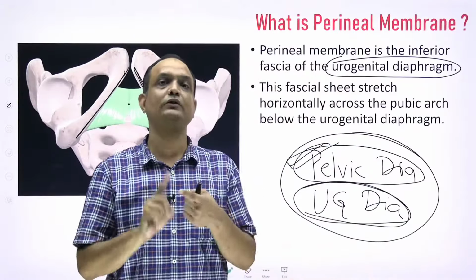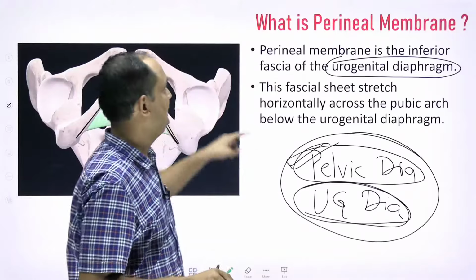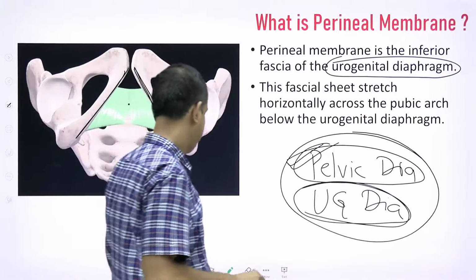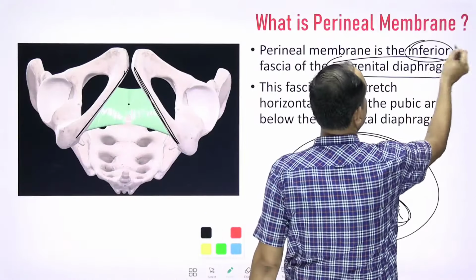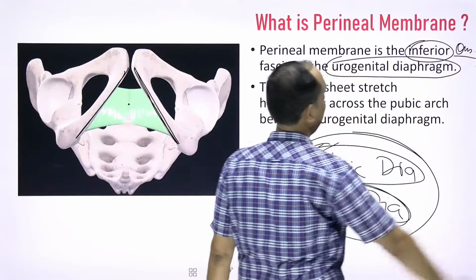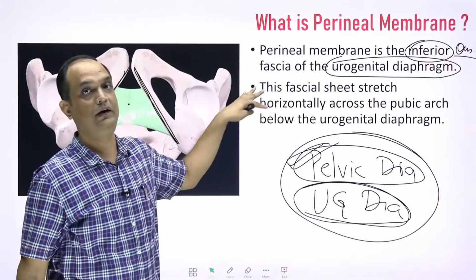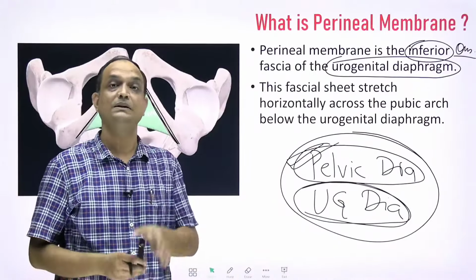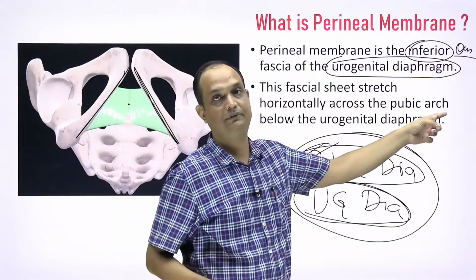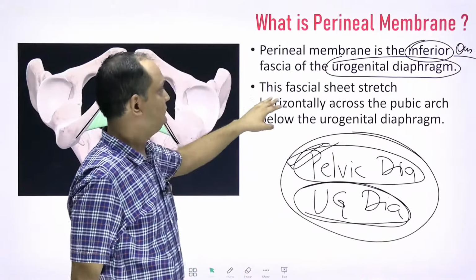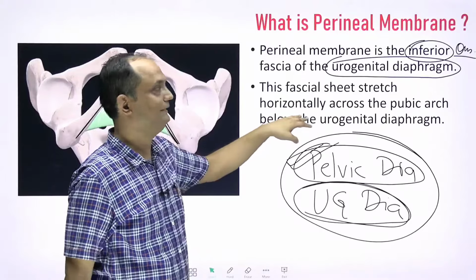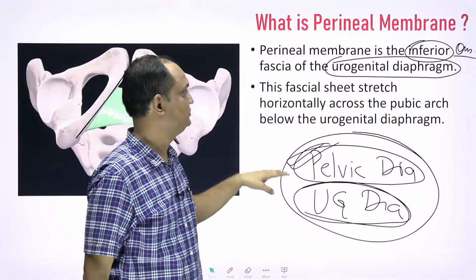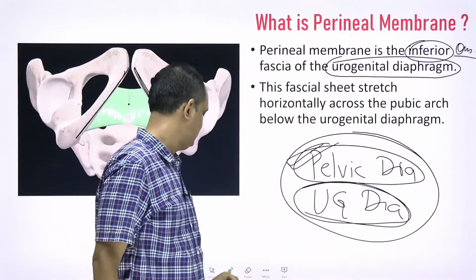So what is the perineal membrane? The important word is inferior: it is the inferior covering, or fascia, of the muscles of the urogenital diaphragm. This fascia sheet stretches horizontally across the pubic arch below the urogenital diaphragm.